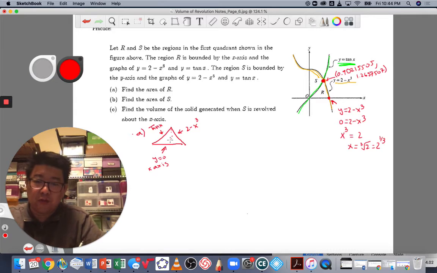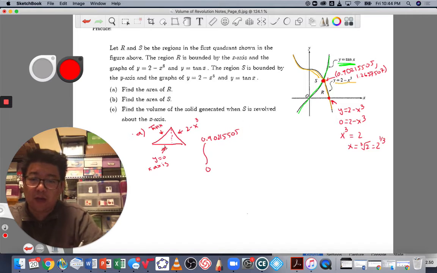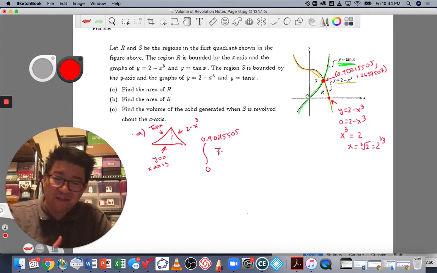All right, so we need two integrals, because we have two different sections right here. The first section is going to go from 0 to 0.90215505. Top minus bottom. We're not doing anything squared. There's no numbers in front because we're not finding volume.